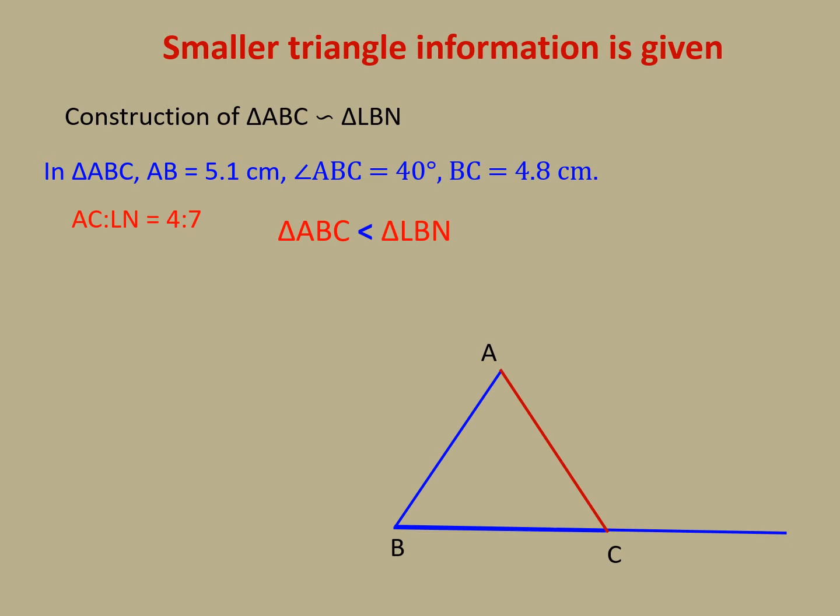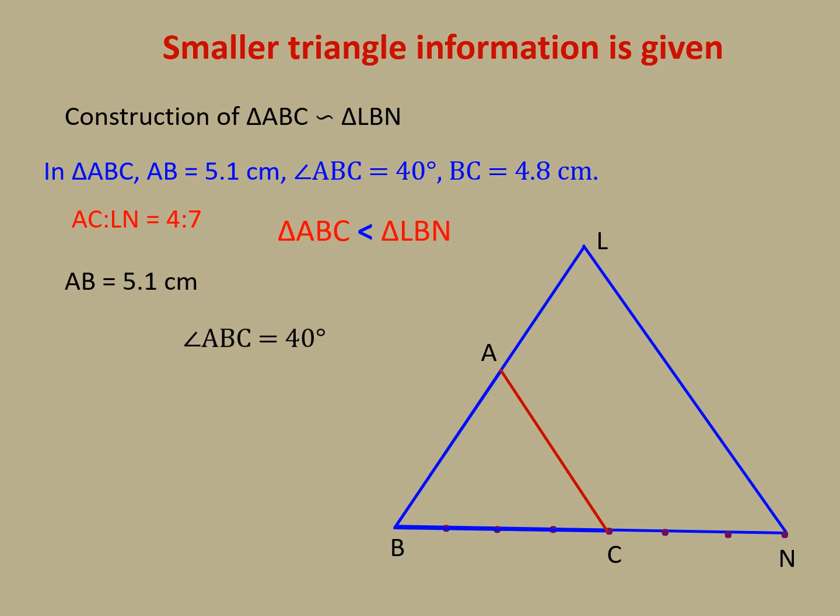So we have extended BC, we have got it in 7 parts, N, and then we have drawn a line from N extending AB, which is intersecting at L. It is just for showing the 7 parts, how it came. BC is divided in 4 parts, that you will see in the analysis. So AB is given 5.1, angle ABC is given 40 degree and BC equals 4.8.